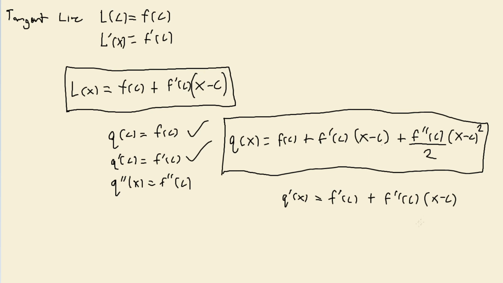And so, yes, at the point c, this will be equal to the first derivative of the function f evaluated at c. But at other points, this is going to change, because now we're dealing with a sort of, you could think of this as a tangent quadratic. It's the quadratic estimation for the behavior of a function at a given point c. And so this is going to allow us to hone in a little bit and get even more accurate estimations where it is demanded by different problems or situations in real life.